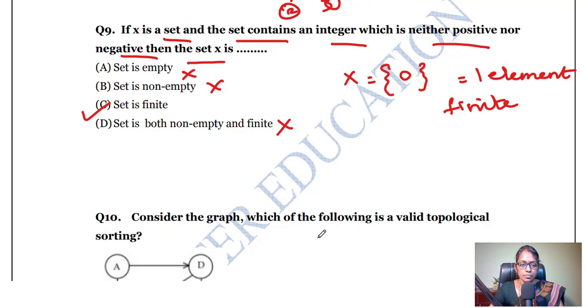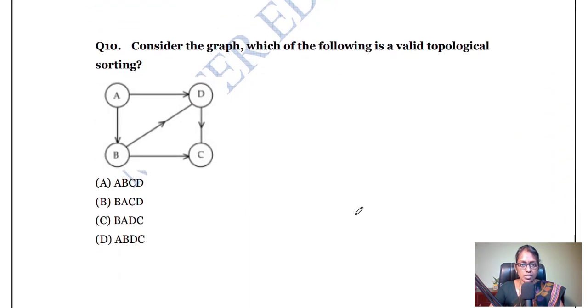Okay. The next question is, consider the graph. Which of the following is a valid topological sorting? Valid topological sorting means it should follow the arrow direction; the path must be present. Consider option A. From A to B, B to C and C to D, there is no direction present.